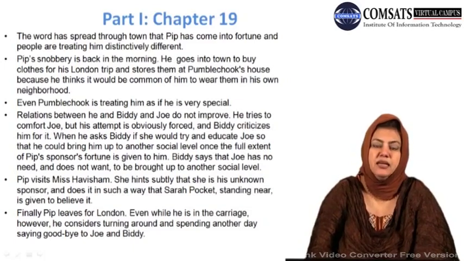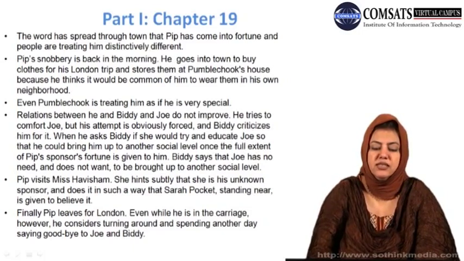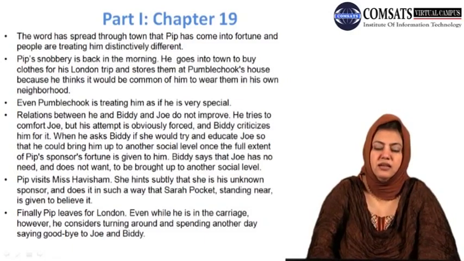Again, we need to compare and contrast Pip's desire to change his social status and to be raised to a higher level with Joe's and Biddy's lack of any such desire.